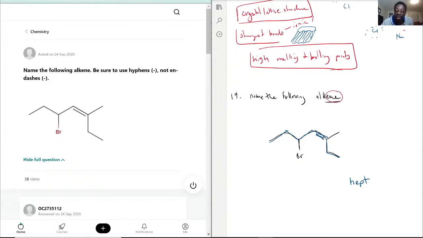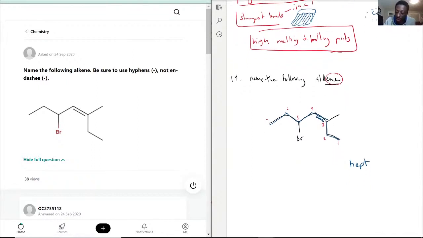So the way we number it is we start from the right side, because that's closer to the double bond. So we have 1, 2, 3, 4, 5, 6, 7. And so we can say this is hept-3-ene, because that is where the double bond is located. We don't say it's at the 4, we say it starts at the 3. And now, what other parts do we have?